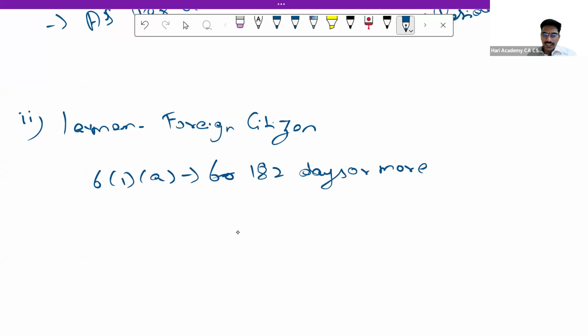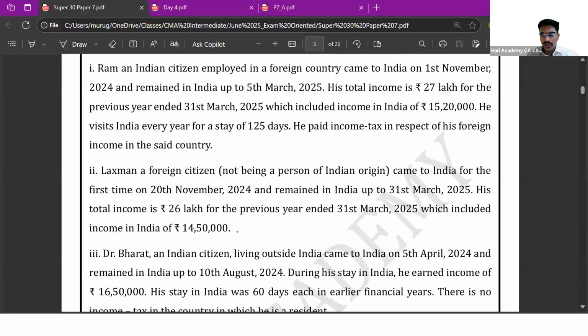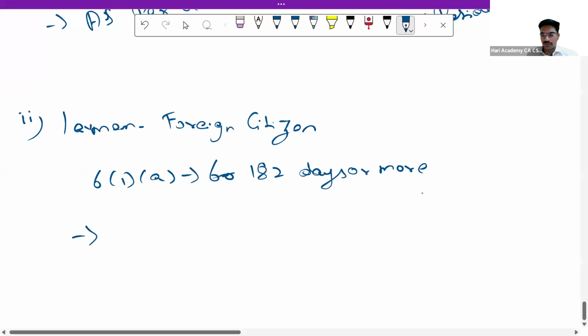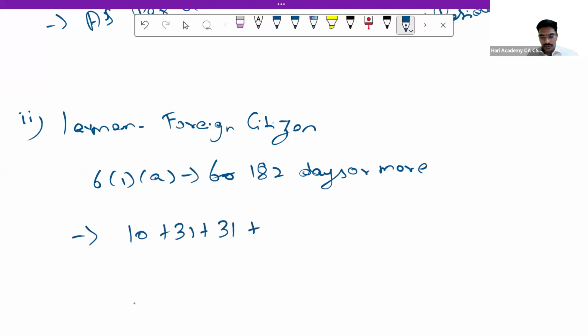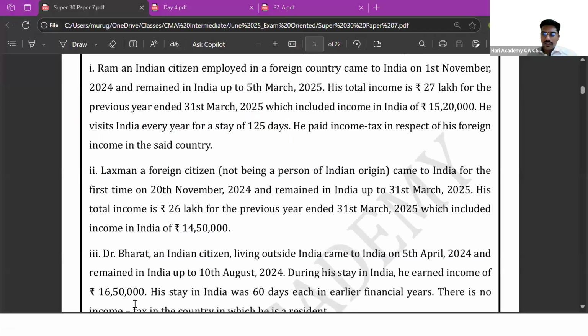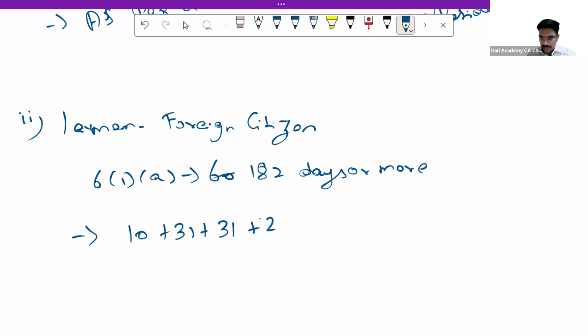Let us first check if this condition is satisfied. He came to India on 20th November and remained up to 31st March. So in November 10 days, December 31, January 31, February 28, and March 31.